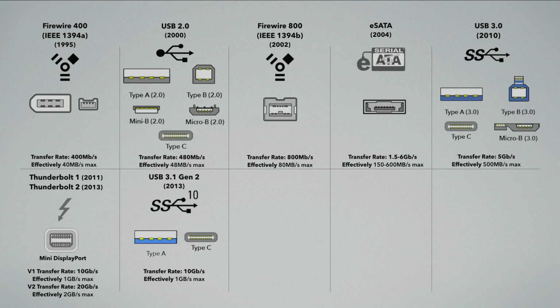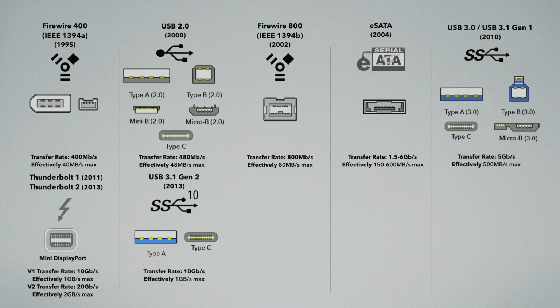So if you look at new products that ship with USB 3.0, you'll notice that they're actually labeled as USB 3.1 Gen 1. But if you see that, it's exactly the same as USB 3.0. It's just that they've retroactively renamed the protocol.